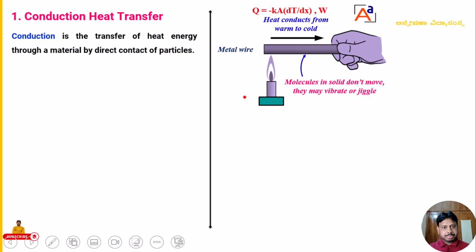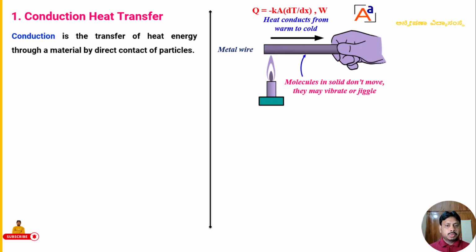Now I will move to the next topic, that is conduction heat transfer. We have seen a number of applications of heat transfer, which may be conduction, convection or radiation. Then what actually is conduction? We understood the definition, dear students, but now we will try to understand conduction heat transfer in detail.